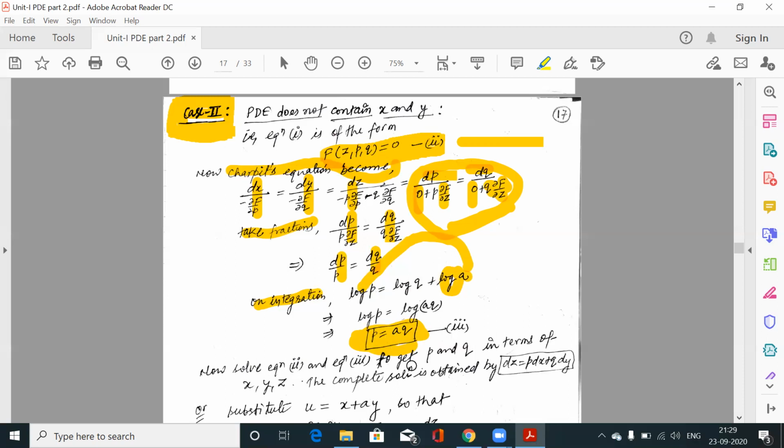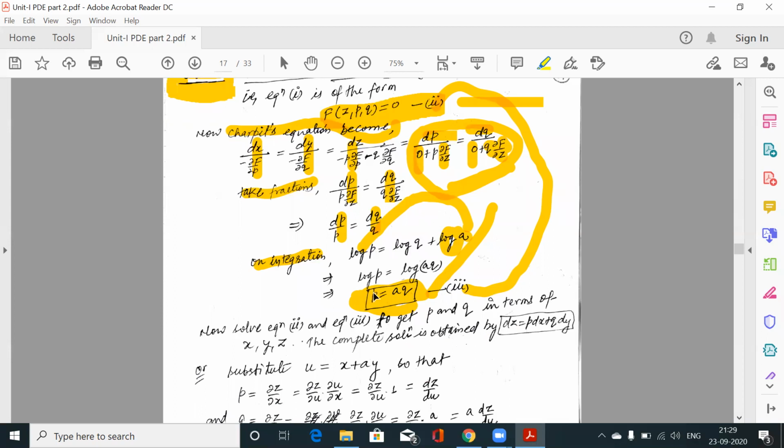Now what we do in Charpit's method, once we get any relation containing p and q, we use that relation with the given differential equation to find the values of p and q in terms of x, y, z. So that is Charpit's method. We have got one relation between p and q, and the given differential equation is this. So substitute this value p equal to aq in this. So what we get is f of z, aq, q equal to 0.